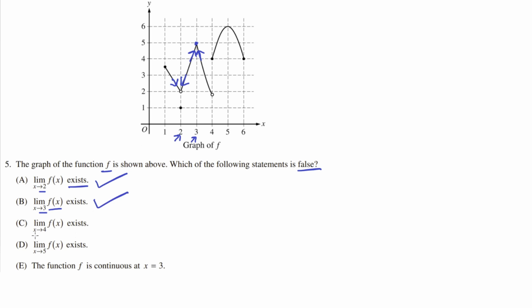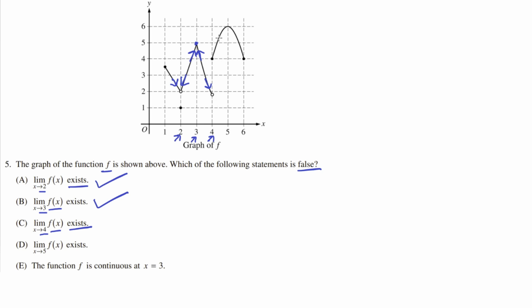And then what about C? C says the limit as x approaches 4 of f of x exists. So x equals 4 is here. We see that from the left, the graph approaches a y value of what seems to be a little less than 2, so like 1.8 or something.